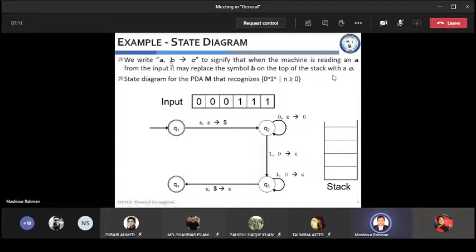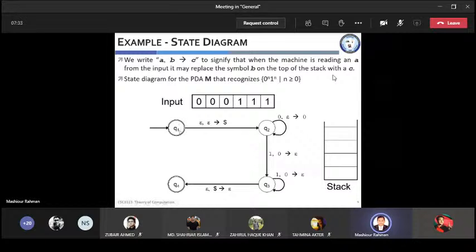The first part, that is B over here, represents the pop symbol, and the symbol C after the arrow represents the pushed element, or push symbol. So A representing input, B representing pop, C representing push. So that's the label over here.